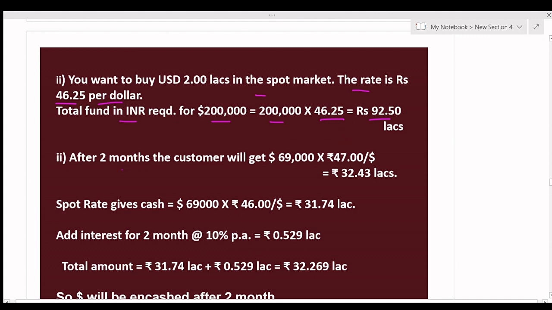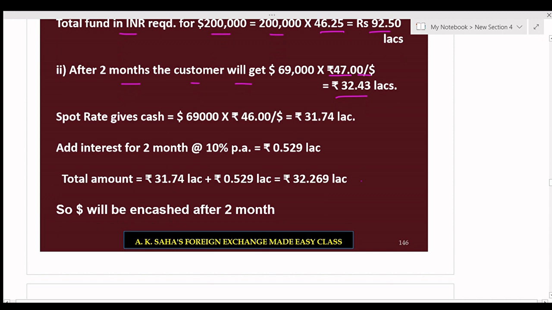After 2 months, the customer will encash $69,000 at the forward rate, that is rupees 47 per dollar. It comes to 32.43 lakhs. Encash in spot, that will be $69,000 multiplied by rupees 46, the bid price, equal to 31.74 lakhs.